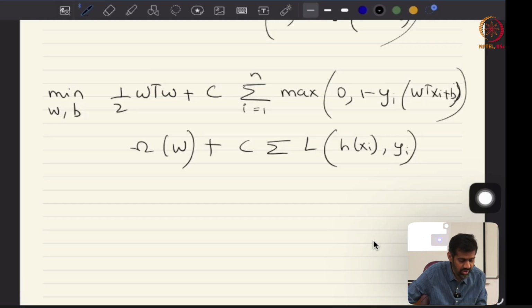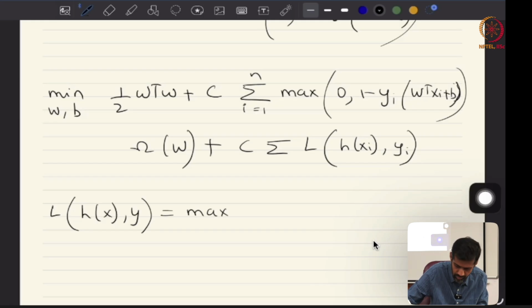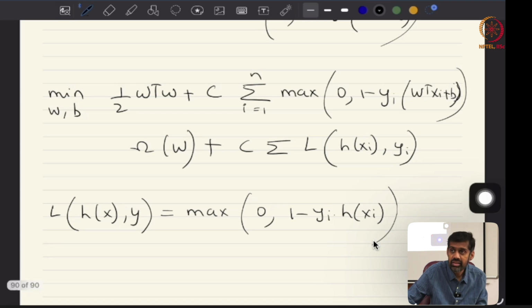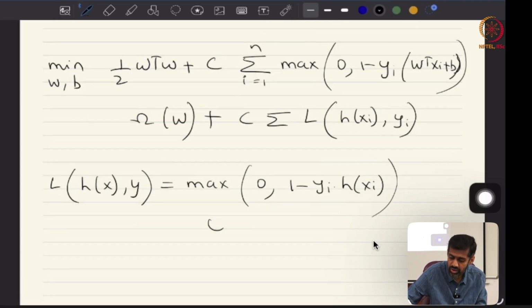And what is the loss function here? The loss function that we are looking at, correct, this is the loss function, and this loss function is called hinge loss.